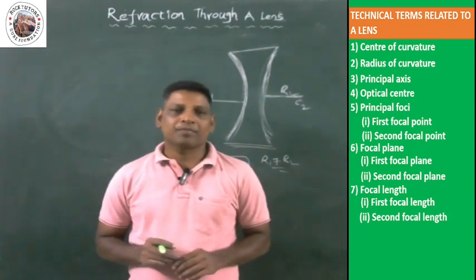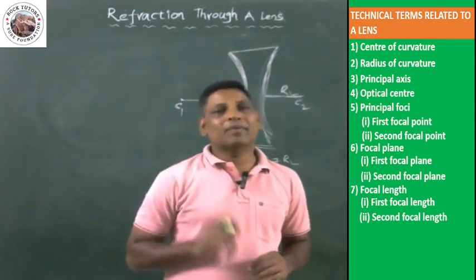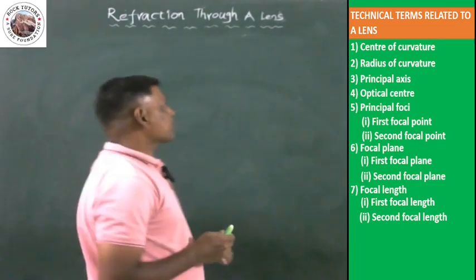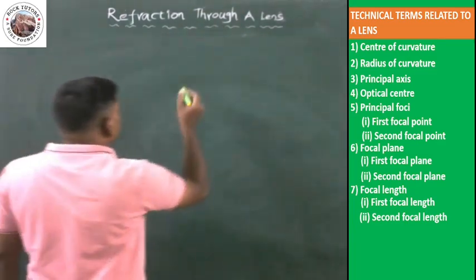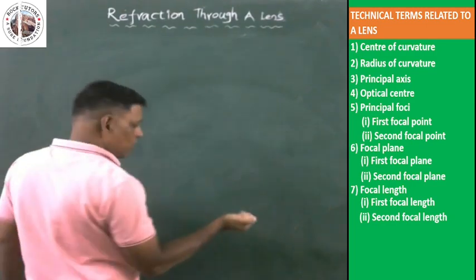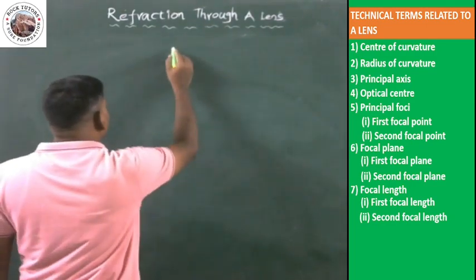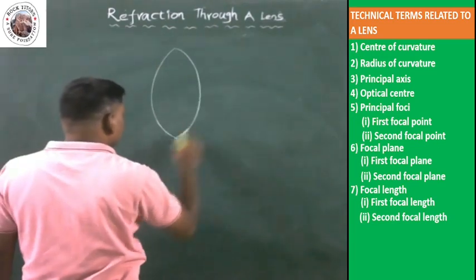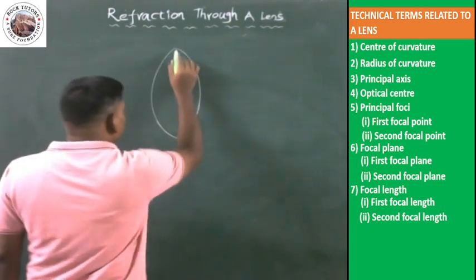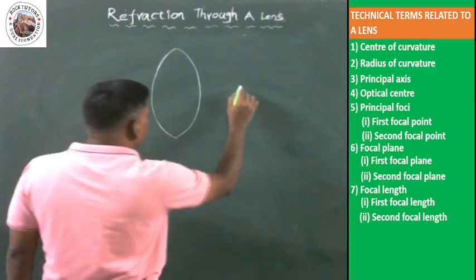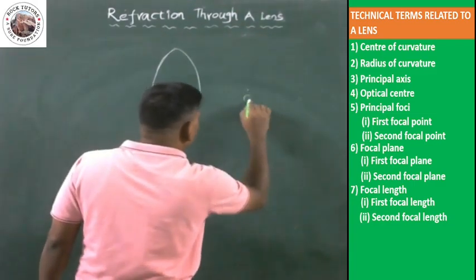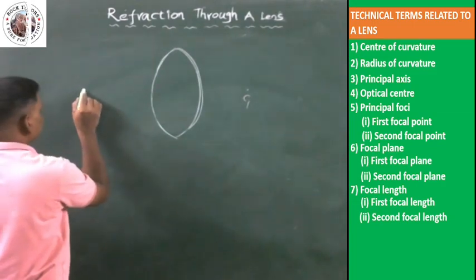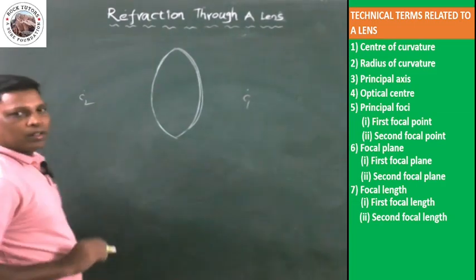Next one, principal axis. What is the principal axis? Just now we saw that the lens has two centers of curvature. For this curve, the center of curvature is C1. For this curve, the center of curvature is C2.